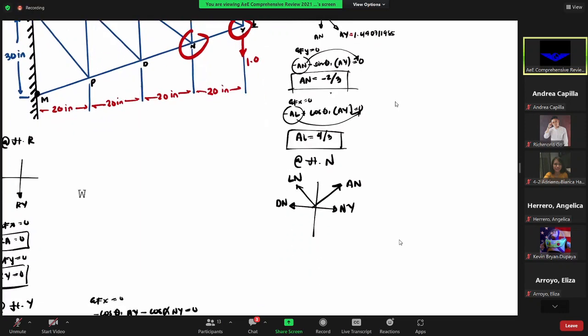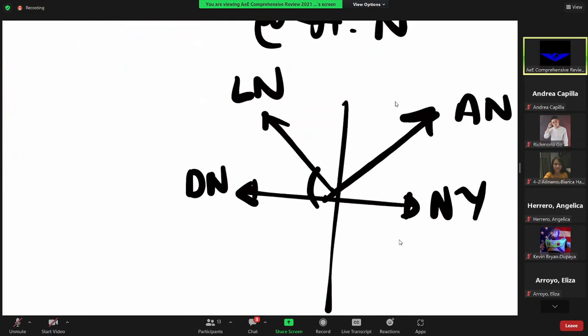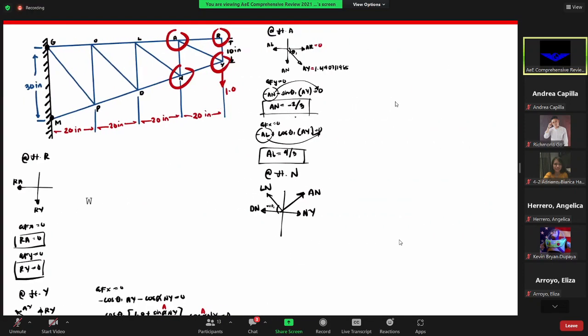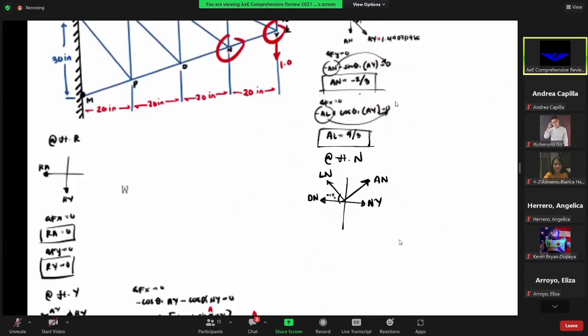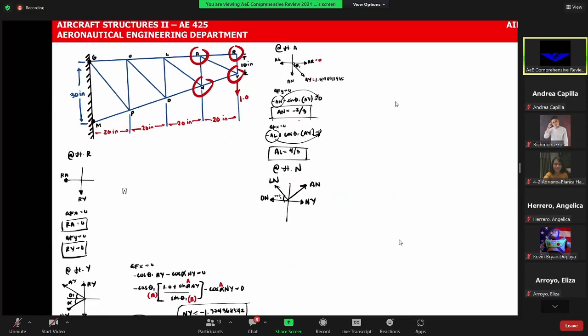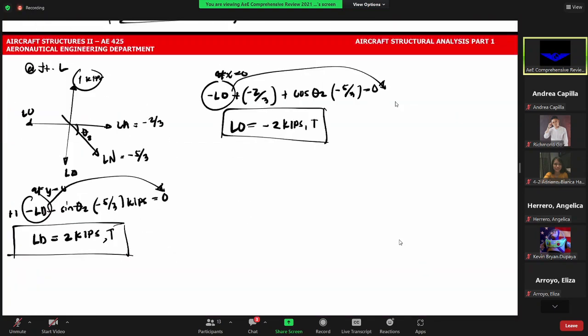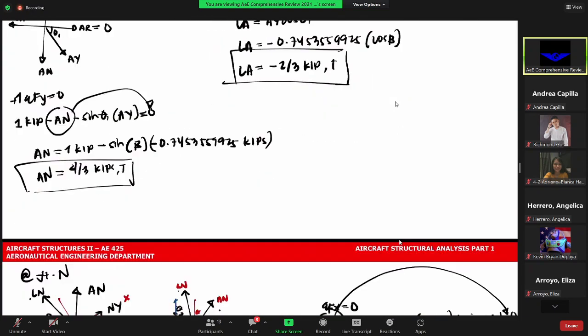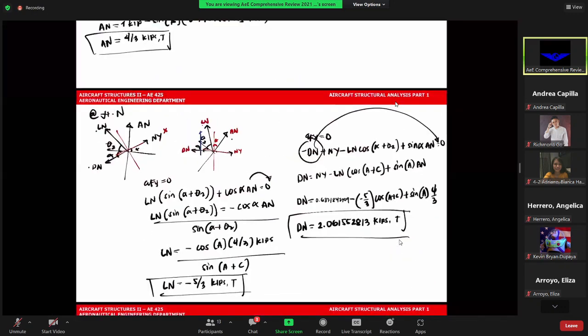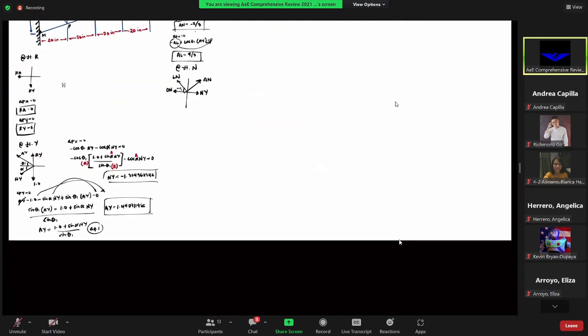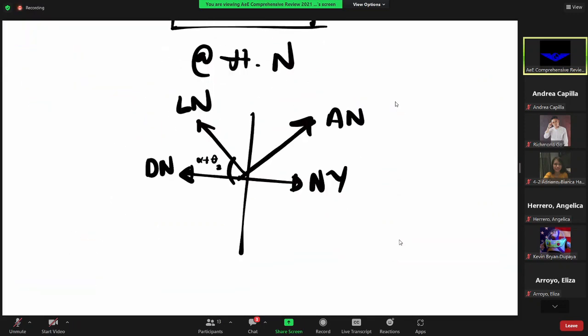Tama? Tapos ito, ano yan? Di ba, that is alpha plus theta sub 1. Tama ba? Or theta sub 2 pala. That is theta sub 2. Pag hindi kayo sure, no, balikan nyo yung force na joint N. Ayan. So that is theta sub 2. Ito is alpha. Okay na?